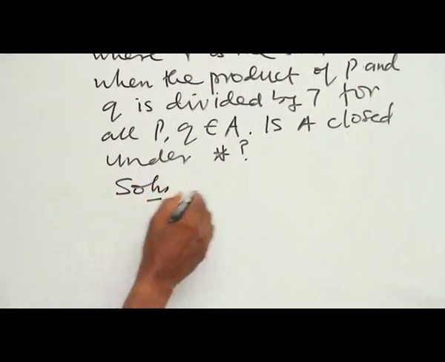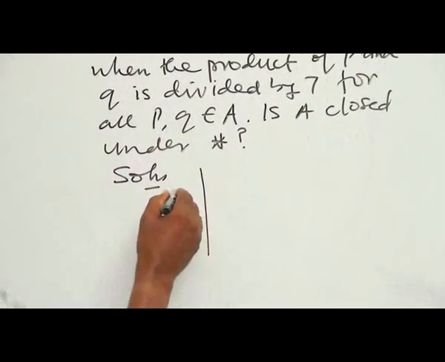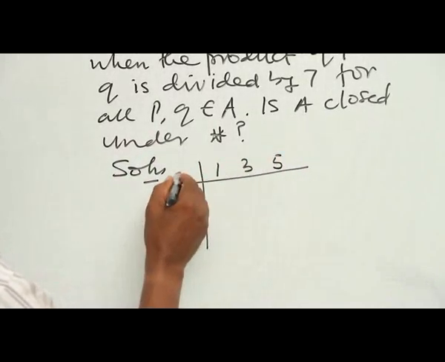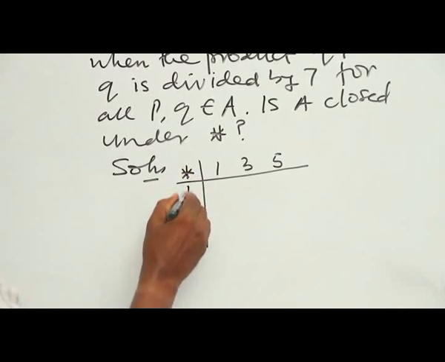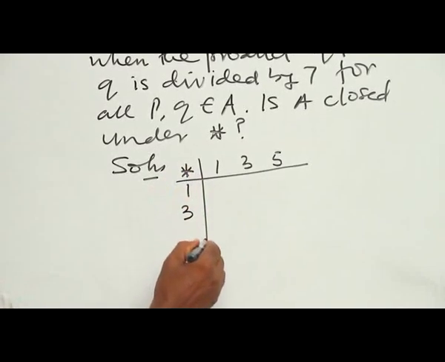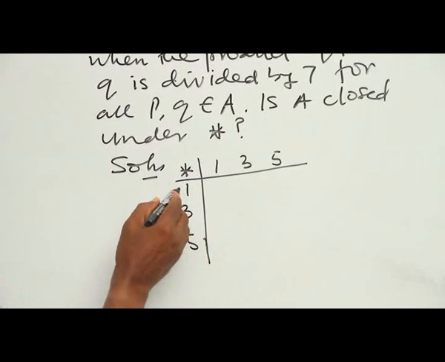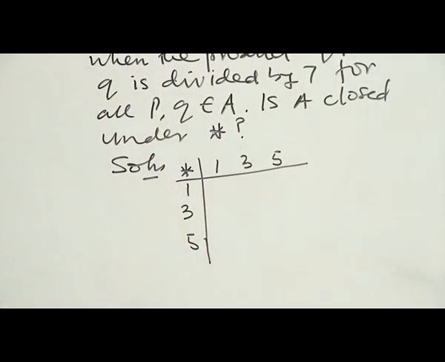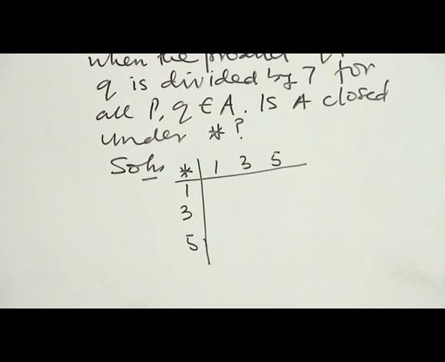Solution. We will draw up a table of the outcome of this operation. The operator is this, and we have these elements. The definition is that when you multiply two numbers and you divide by 7, you put down the remainder.